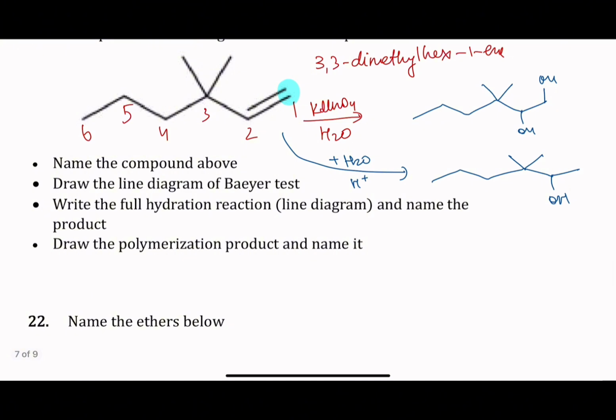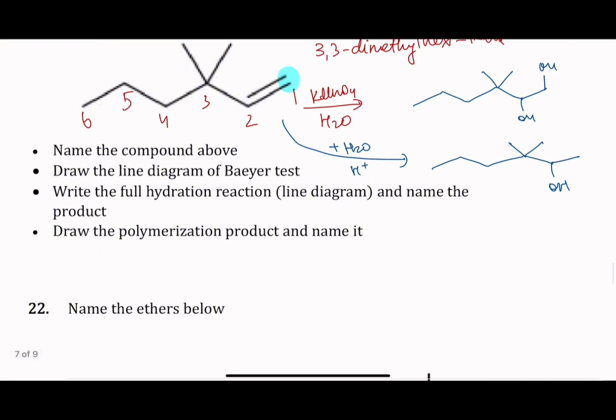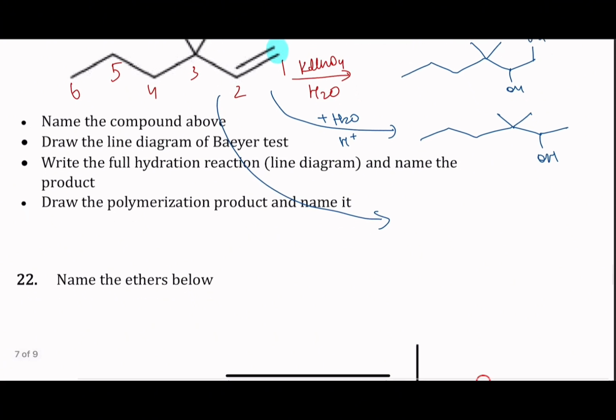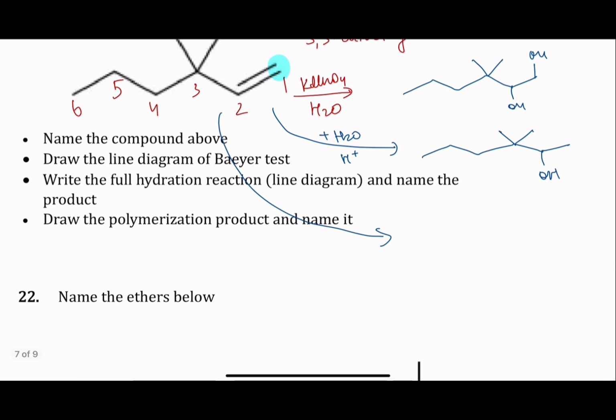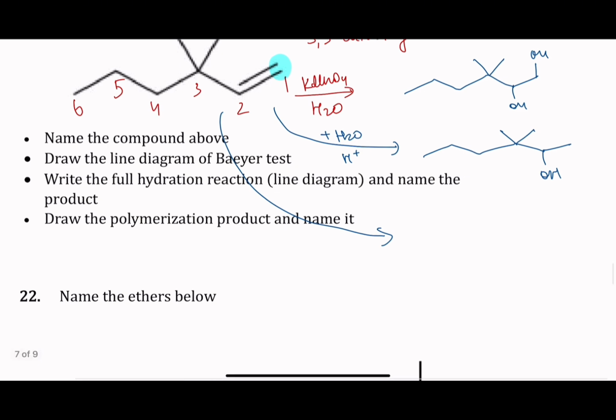And draw the polymerization product. So polymerization product basically means that you polymerize it by breaking the double bond. So I will write the structure in here, CH2CH, like this. Okay, let me try to draw the structure in here.